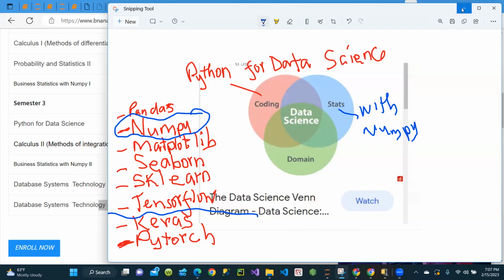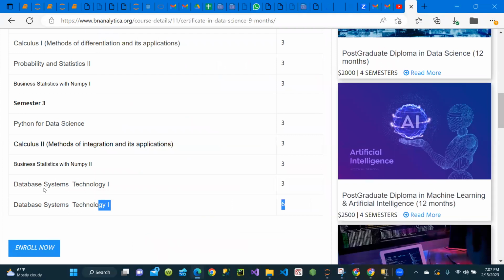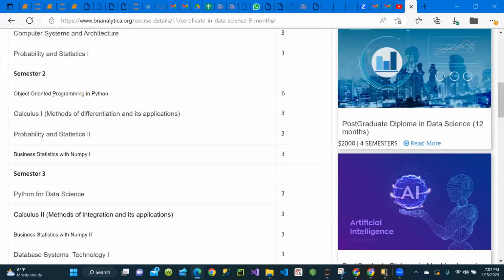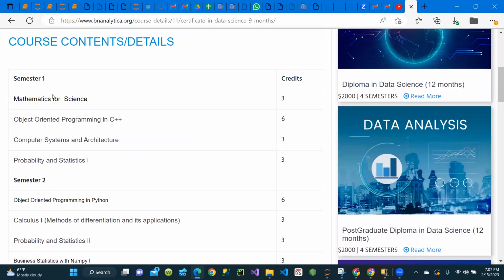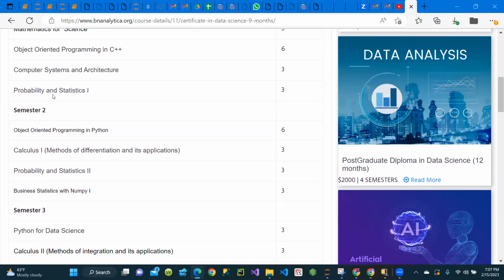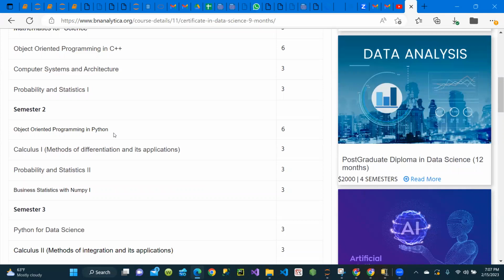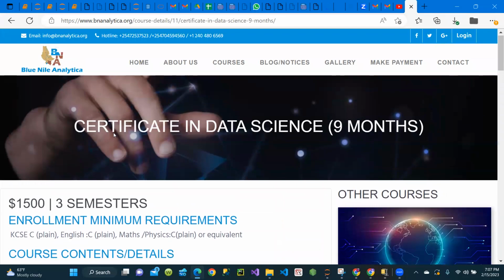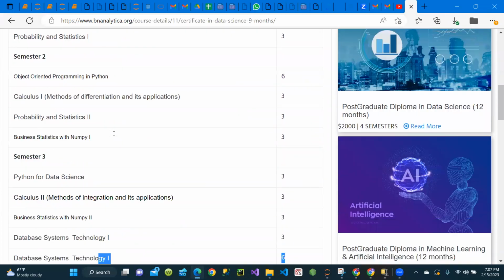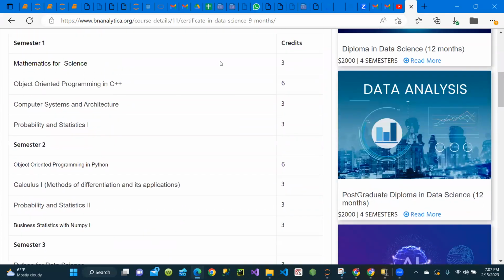Let me do this down here. So go with me here. It's a 1 year course, so we have broken it into two. So this is object-oriented programming in Python. And this one is the certificate in data science. Let me use one that matches you.